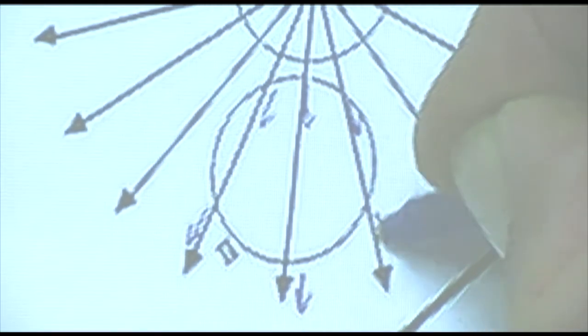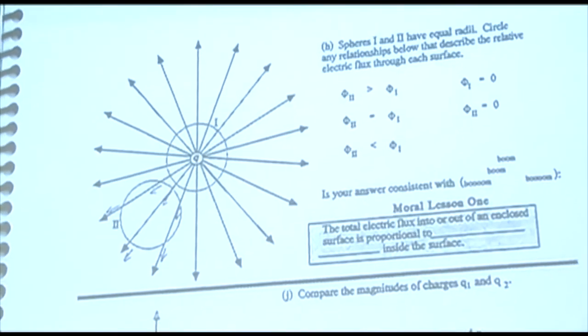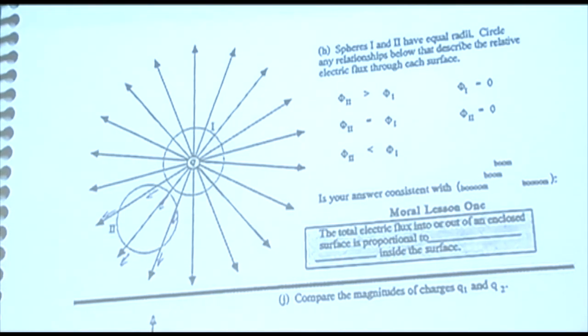Going in, going out. So some of those that are going in are producing negative flux. The ones coming out are producing positive flux. There aren't as many lines as with the other circle. The other circle has more lines. Every line is producing positive flux.